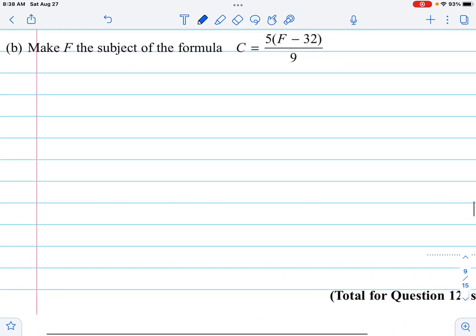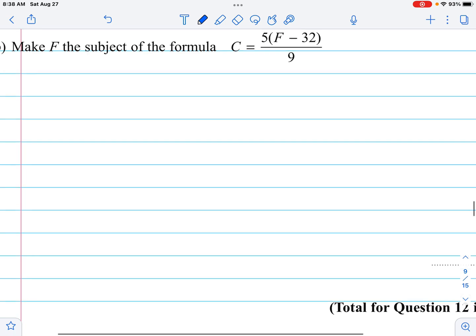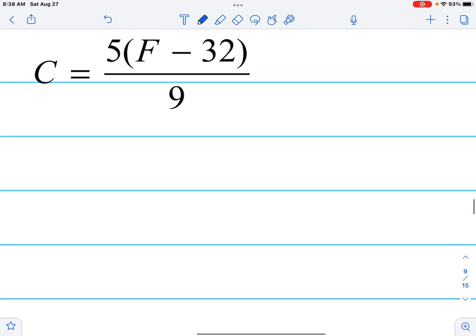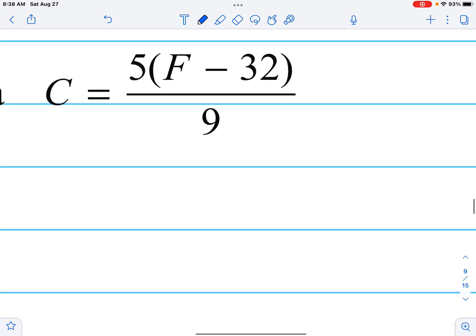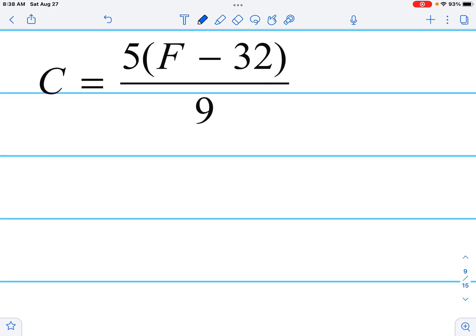Make F the subject of the formula. All right? So, there you go. That's the formula we have. Now, I want to make F the subject. That's the question.